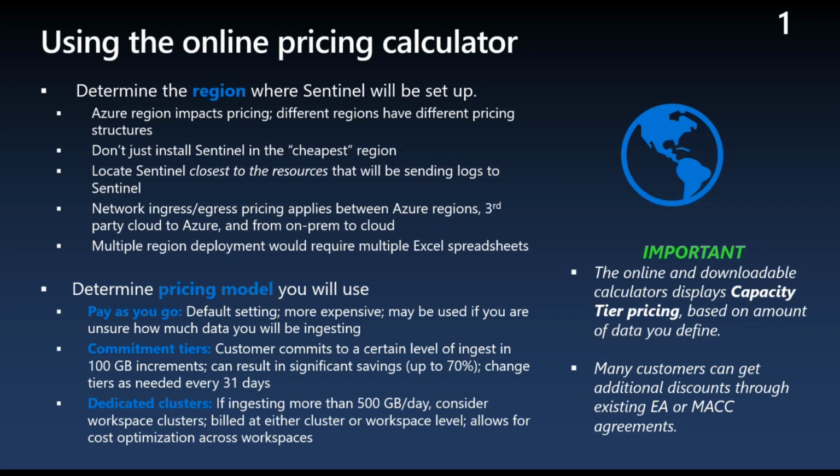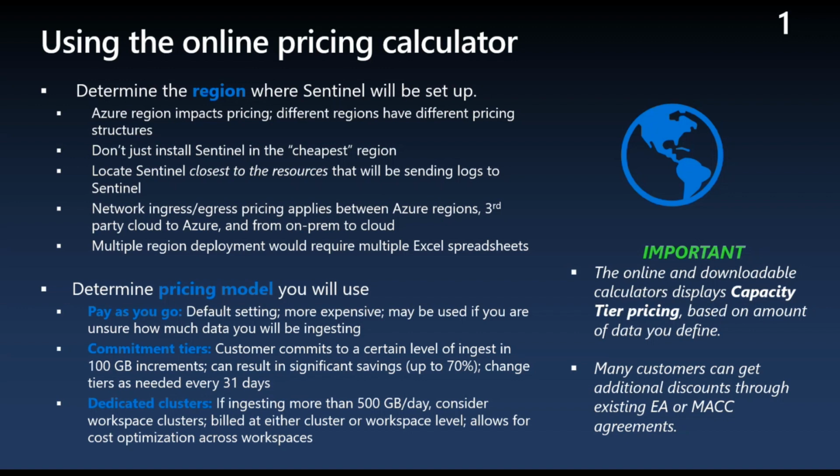Remember that the online and downloadable calculators are by default displaying capacity tier pricing based on the amount of data that you define in your calculations. That does not necessarily reflect the discounts that a customer may be able to benefit from due to an EA agreement that they have with Microsoft or a MAC agreement that they have with Microsoft.